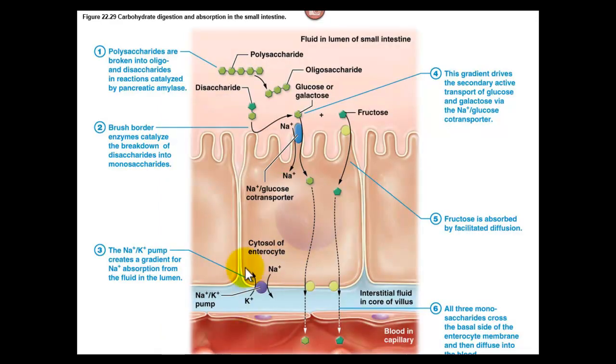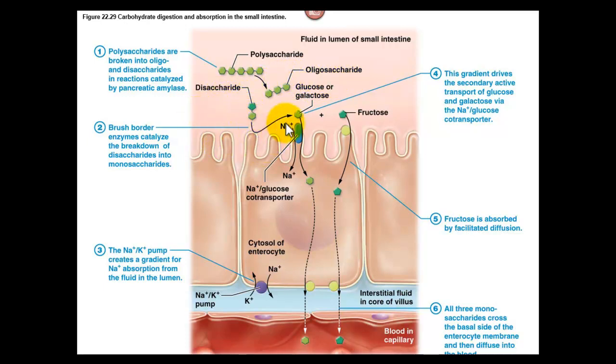So here's the first example. Here is a polysaccharide. Now remember, amylase in the mouth, salivary amylase, and pancreatic amylase split polysaccharides into a disaccharide. We don't talk much about oligosaccharides, which are groups of 3 or 4. A disaccharide is 2.